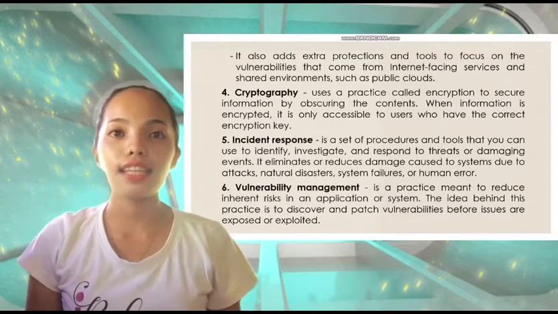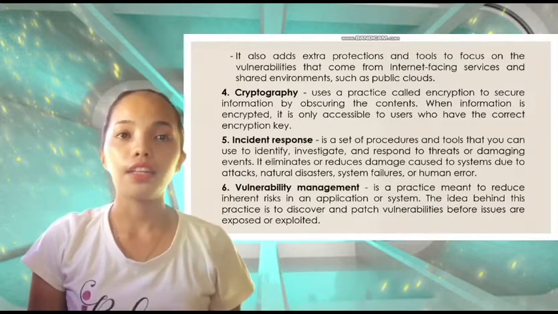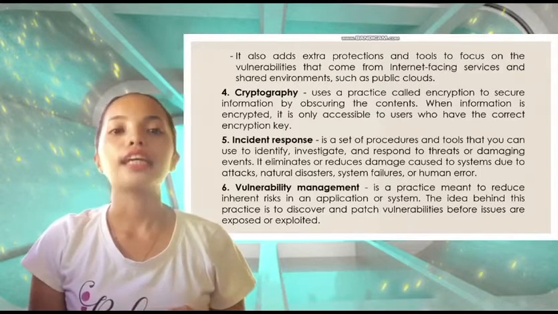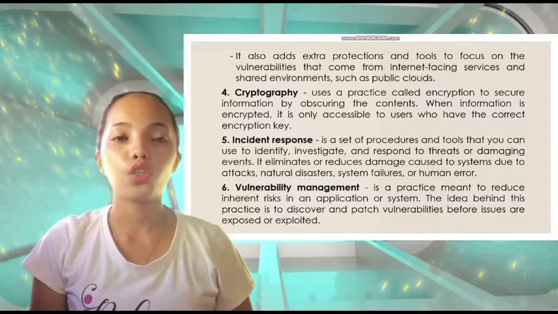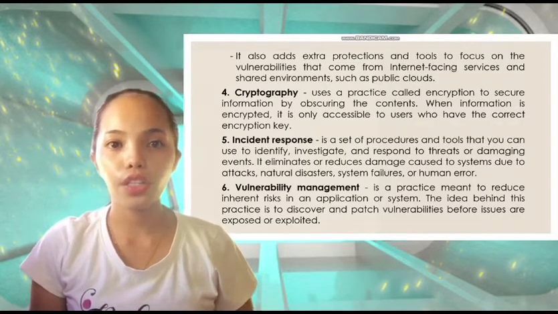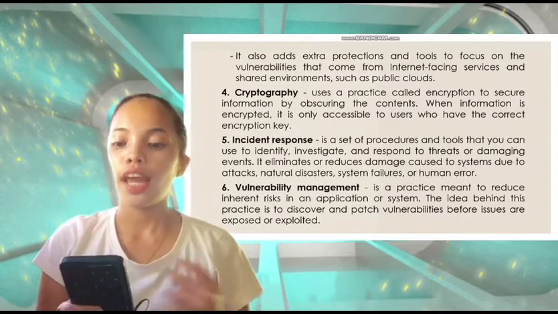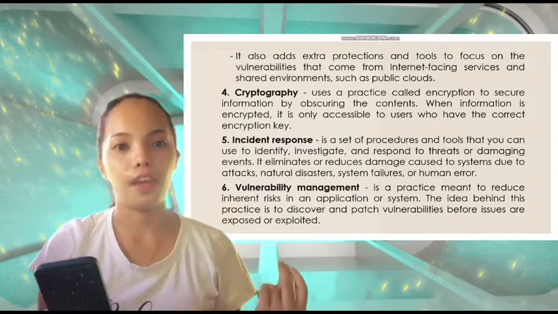It is a set of procedures and tools that you can use to identify, investigate, and respond to threats or damaging events. It eliminates or reduces damage caused to systems due to attacks, natural disasters, system failures, or human error. These damages include any harm caused to information such as loss or theft.